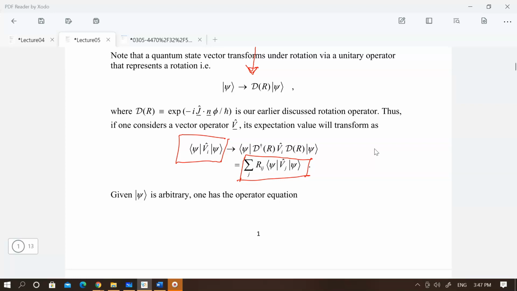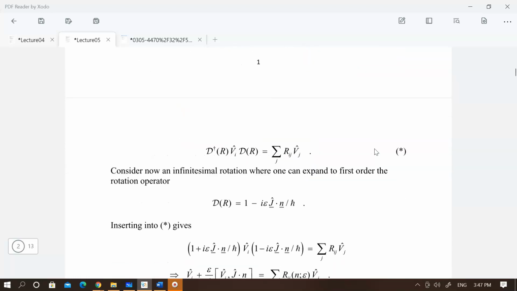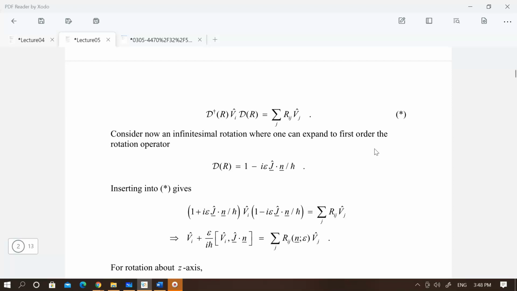So what is that behavior? It is the fact that this set of operators with the components v1, v2, v3 will transform under this unitary operator to give you a rotation matrix times this operator.